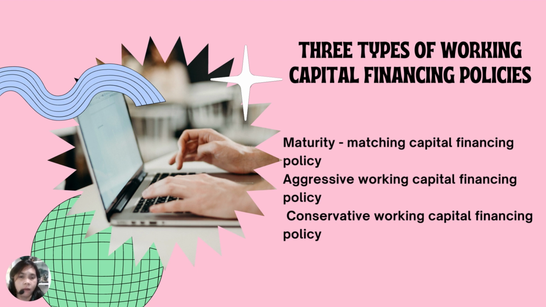Pagpa-partnerin yung dalawa, as working capital financing. Okay, doon, nangangailangan lang yun ng small amount of cash or receivables and then inventory. So again, pag aggressive po yung ating permanent working capital requirements, pwede pong i-finance by short-term sources of financing.